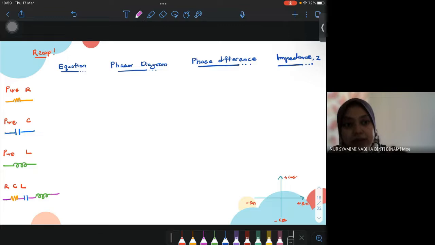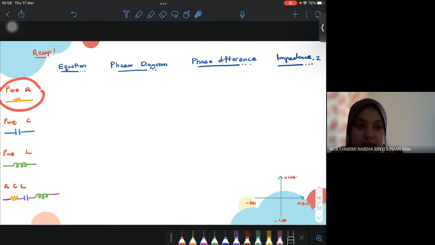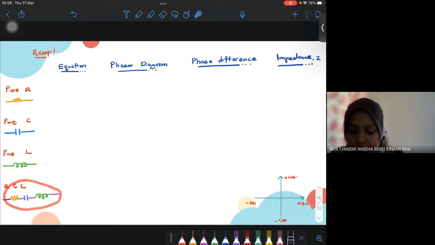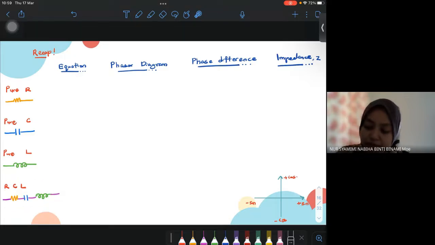Semalam kita belajar ada 4 circuit. The first circuit ialah pure resistor. The second one ialah pure capacitor, pure inductor dan gabungan ketiga-tiga dia ialah RCL circuit. So the first one we have pure resistor and we have equation for pure resistor. Ada phasor diagram.